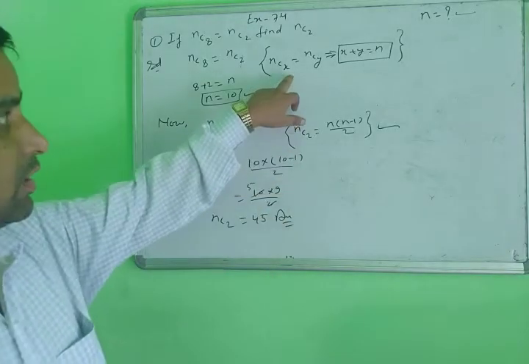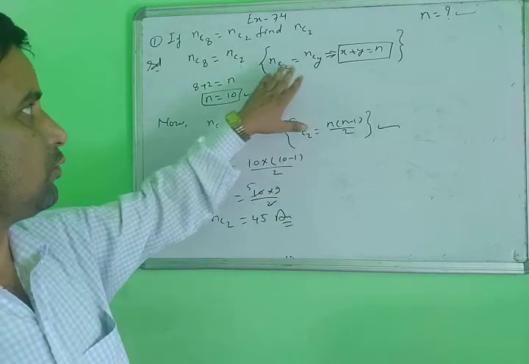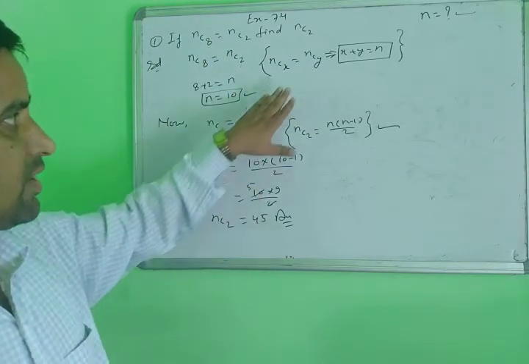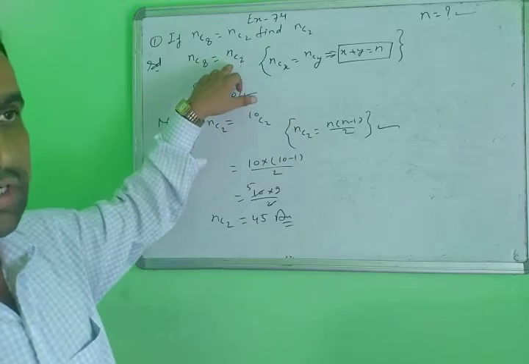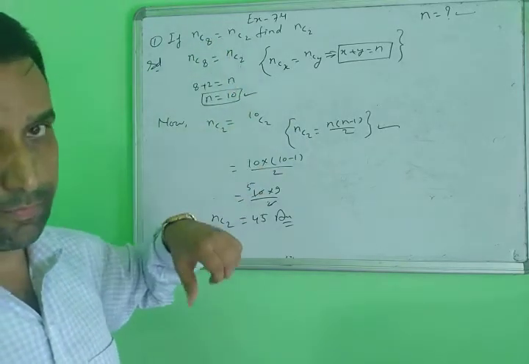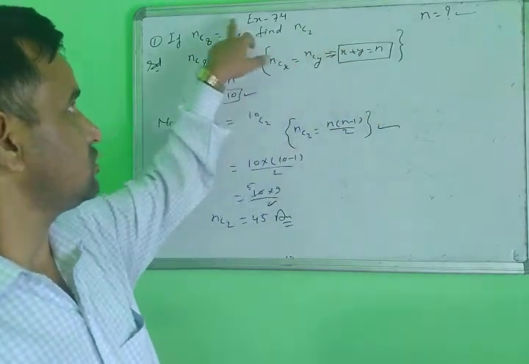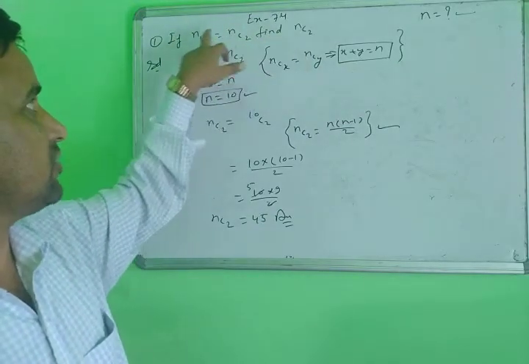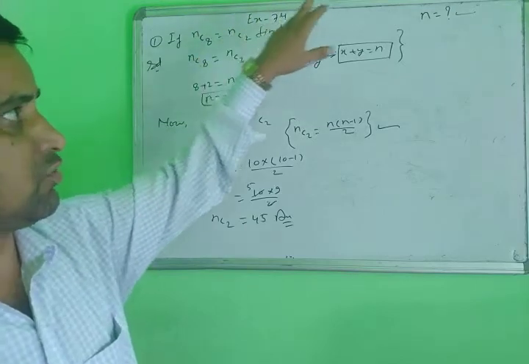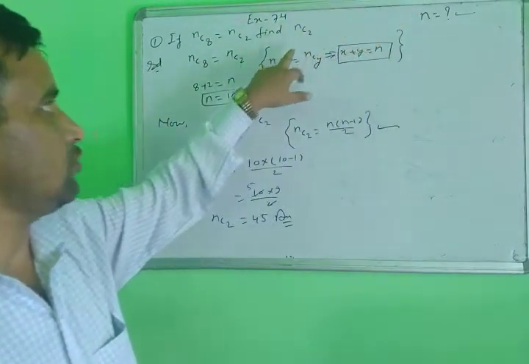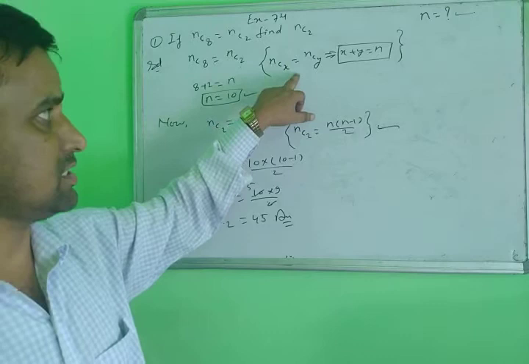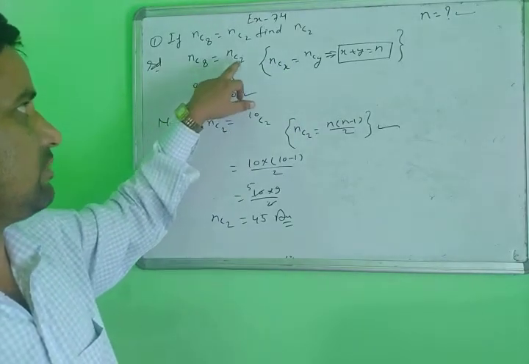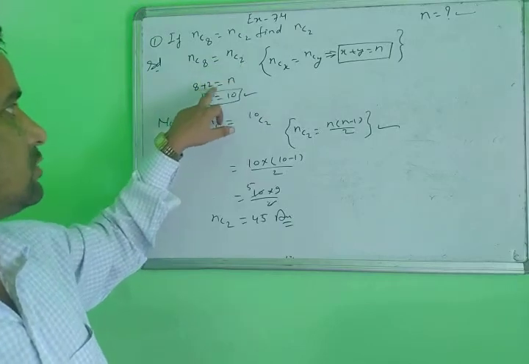So if you have learned these shortcut tricks, your question will be very easy to solve. Otherwise, if you solve it directly, the calculation will go very long. First read the question very carefully: what is given and what you have to find. First of all, n is not given, so first find n with the help of this shortcut trick: x is 8, y is 2, and 8 plus 2 equals 10.